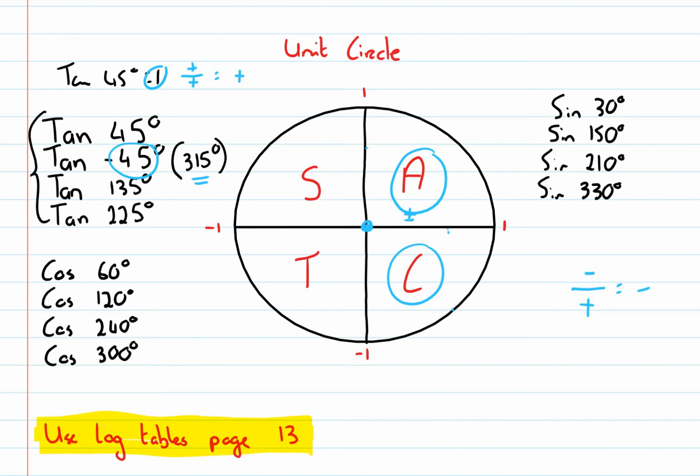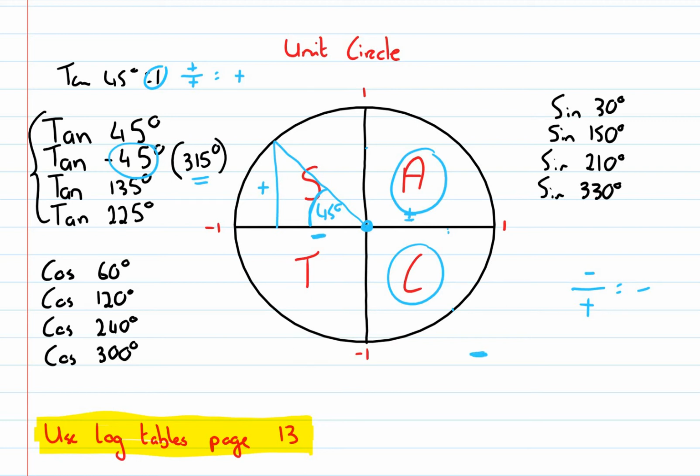Let's look at 135 degrees, which would be here. Again, it's a 45-degree angle from this axis. Now, if we look, our opposite side is going up, so it's positive. However, the adjacent side is negative.